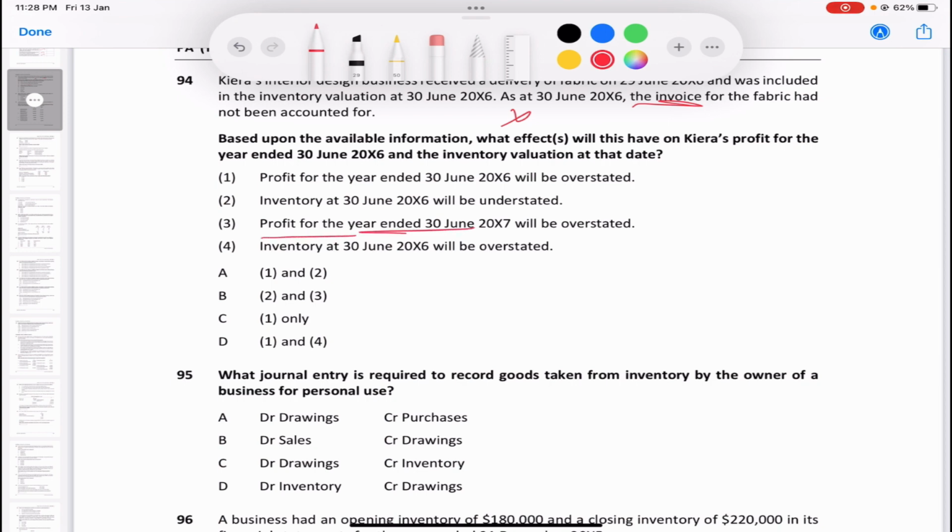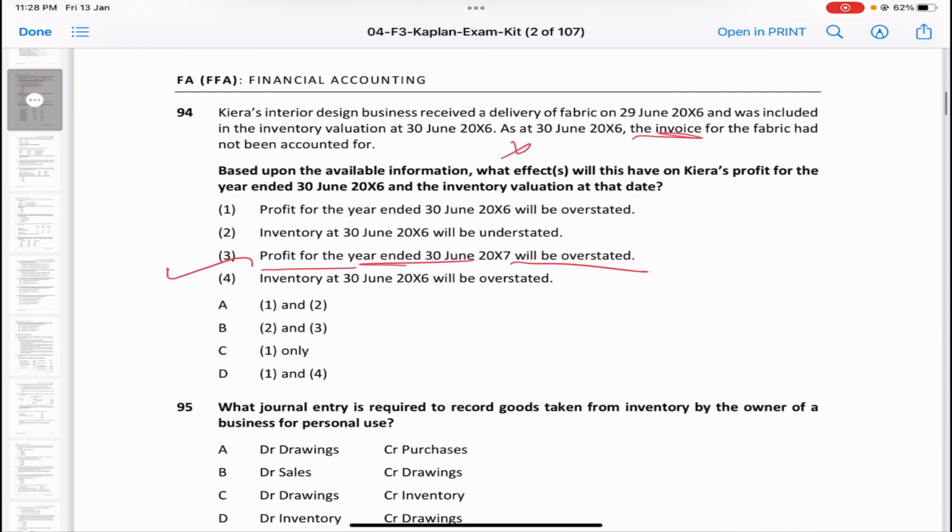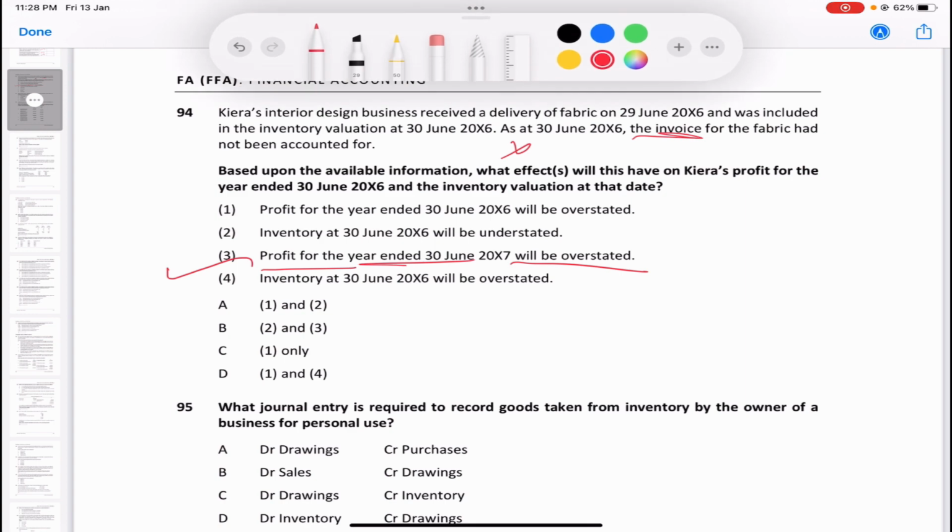Profit for the year ended will be overstated. Okay. Why am I saying that inventory overstated or inventory understated will not be an option? If you read the question, it has been clearly mentioned that it was included in the inventory, only the invoice wasn't included.